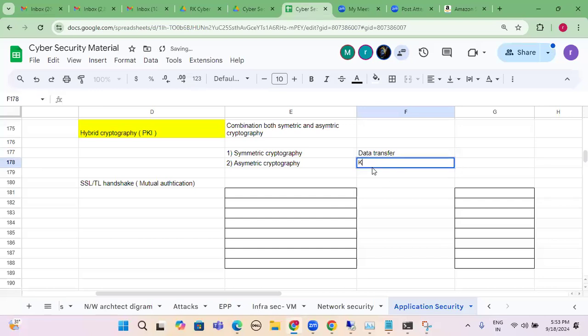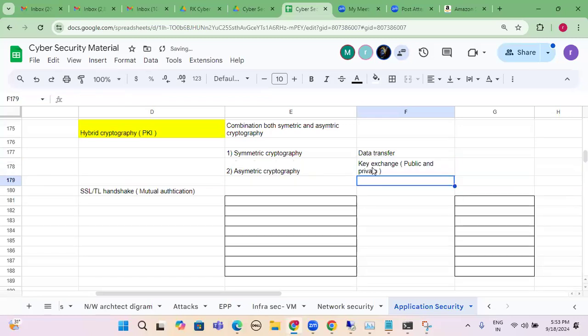Key exchange. What are the different keys it will exchange? Public keys and private keys. If you want to store these keys, even our certificates, secrets or passwords, we have to use a couple of tools like KMS, key management system, HashiCorp, and also HSM, and we even have third-party tools like CyberArk and so on.